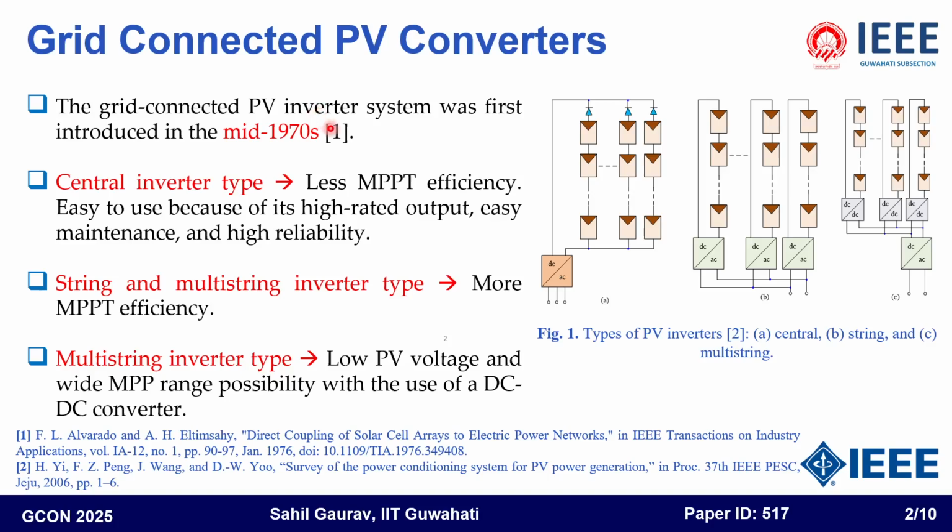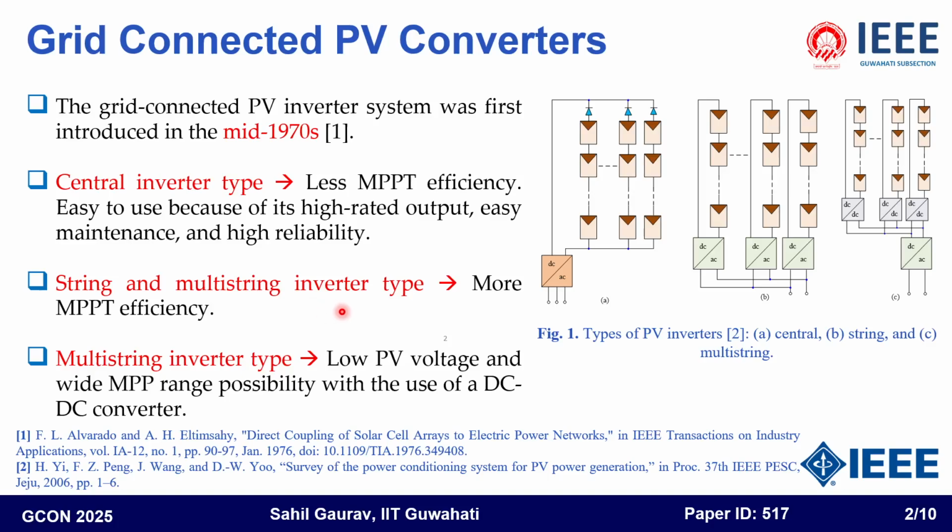With the evolution of power electronic switches, these PV inverters have been developed, and then they have been classified into three types: central inverter type, string, and multi-string inverter types. Central inverter type has less MPPT efficiency, but it is easy to use because of its high rated output, easy maintenance, and high reliability.